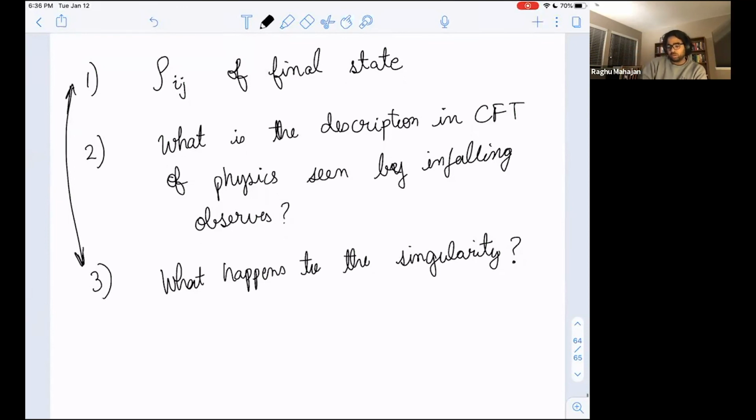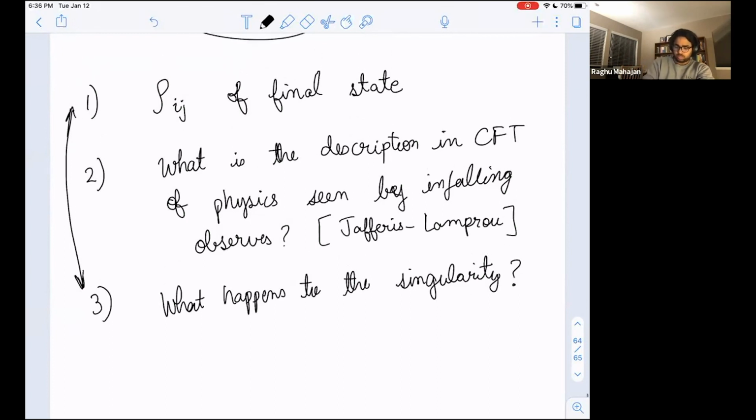On number 2, there was a very interesting recent paper by Jafferis and Lamprou, which I encourage you to look at. And these people have also given talks. For this, some more progress was made by Douglas Stanford in his most recent single author paper, called More Quantum Noise from Wormholes.